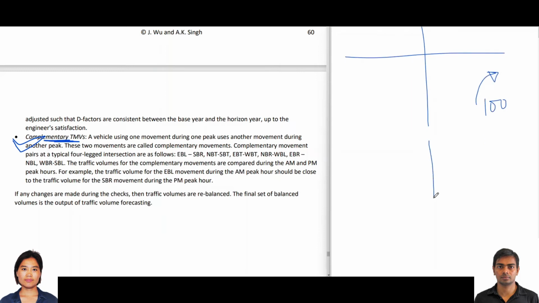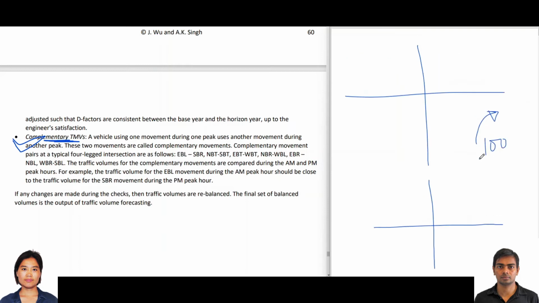Then by the complementary movement logic, if 100 vehicles are turning right in the morning peak, in evening peak the number of vehicles turning left in the opposite direction should be closer to 100. So let's say 1000 vehicles are turning left here in PM peak. That is a red flag: in AM peak 100 vehicles are turning right, but where are these 1000 vehicles coming from that are turning left in PM peak?